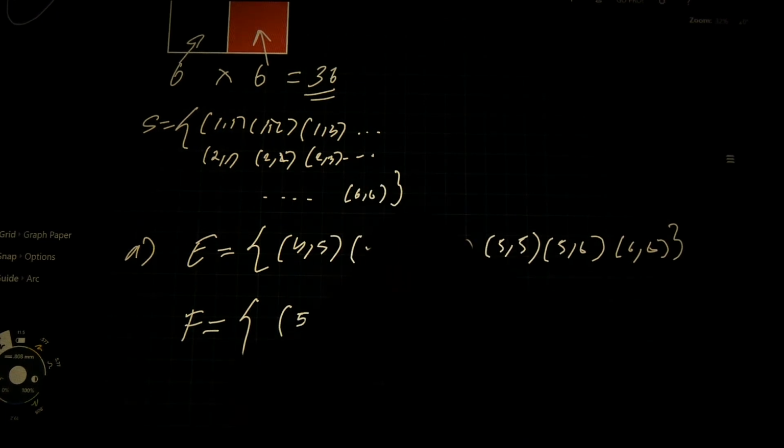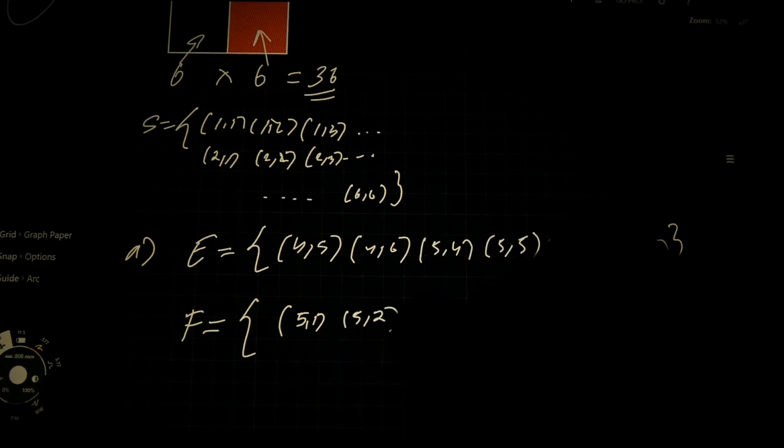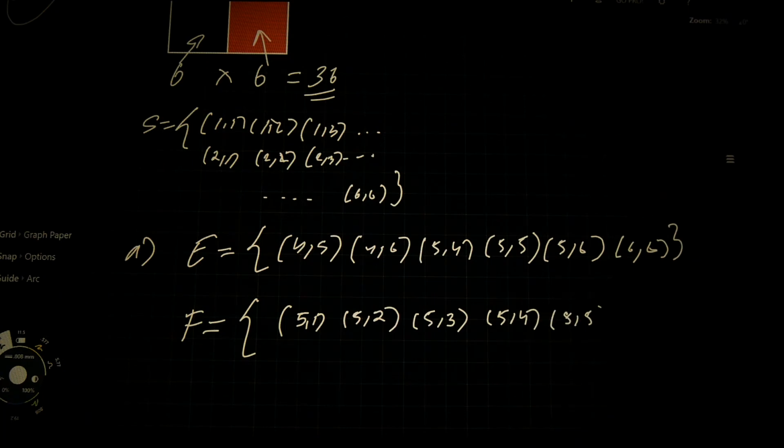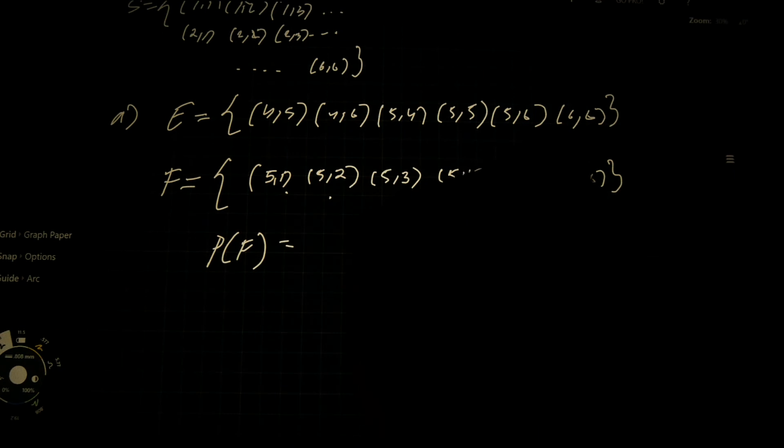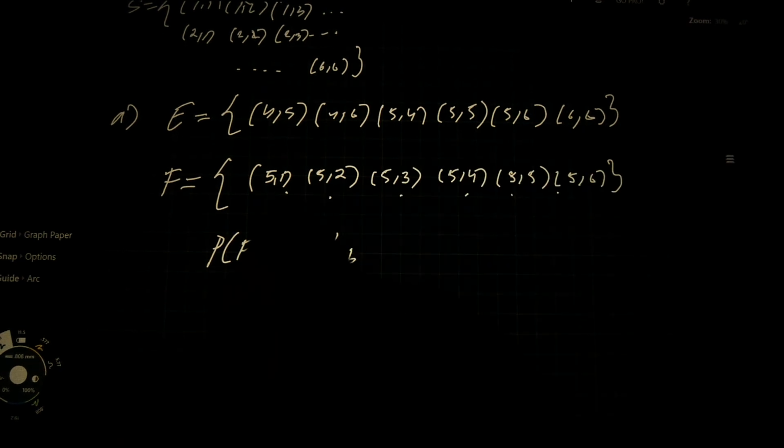So the possibilities are 5,1; 5,2; 5,3; 5,4; 5,5 and 5,6. That's the only condition given that the black die resulted in a 5. So P of F is equal to, how many elements are there? 1, 2, 3, 4, 5, 6. So 6 out of 36.